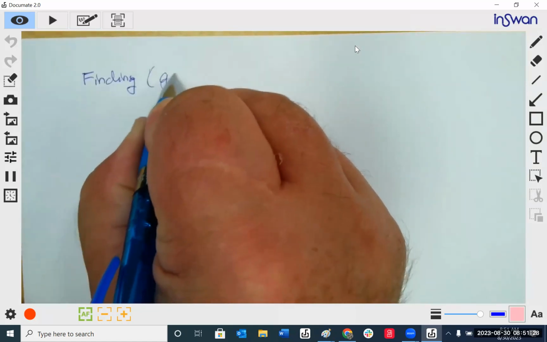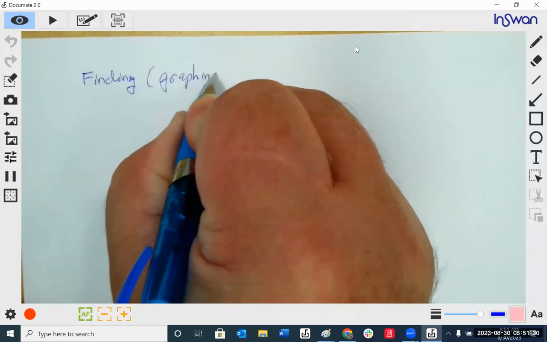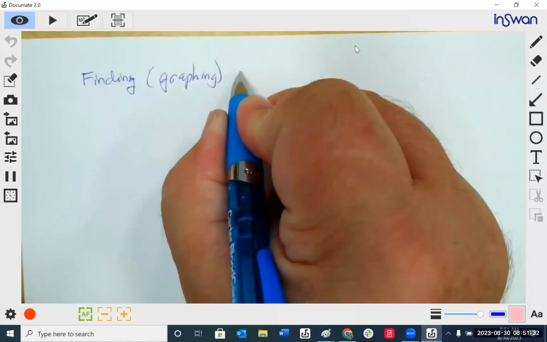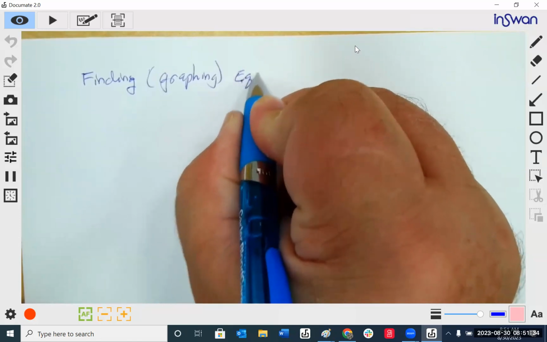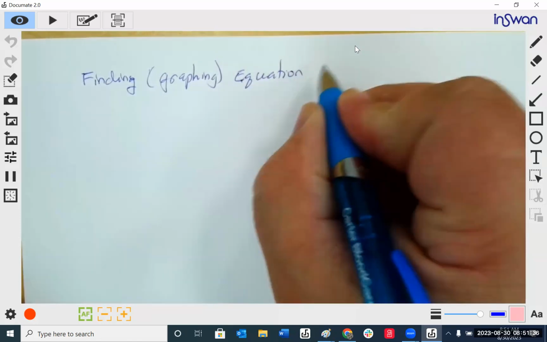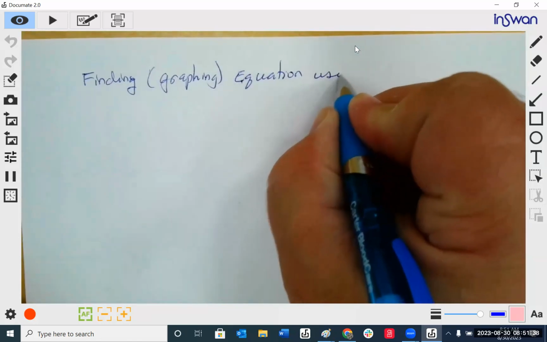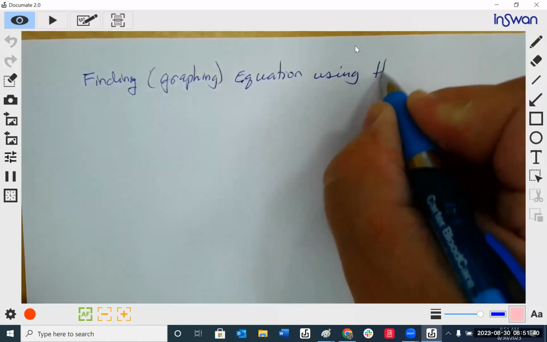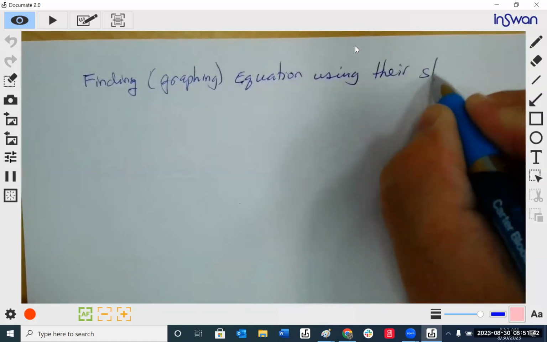Finding or graphing equations using their slope.